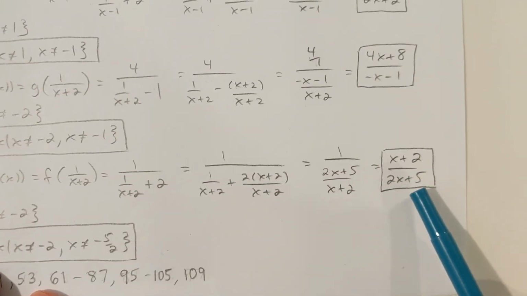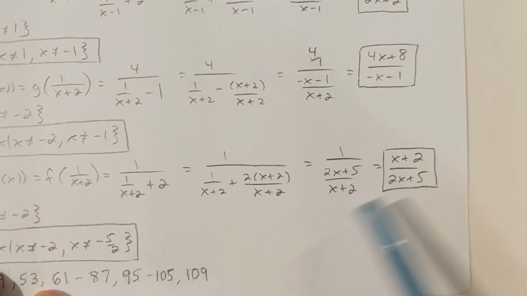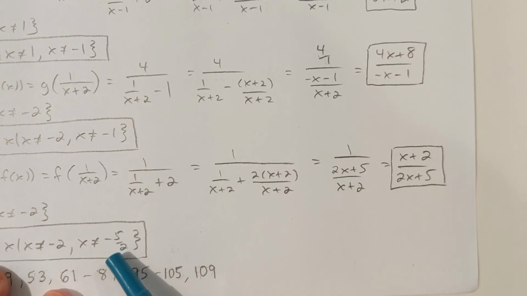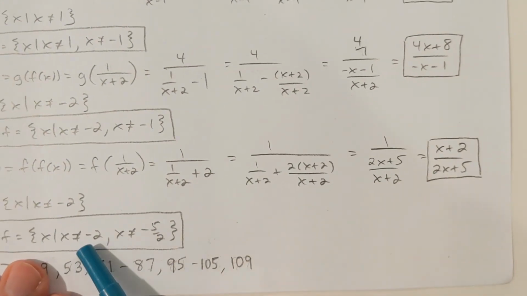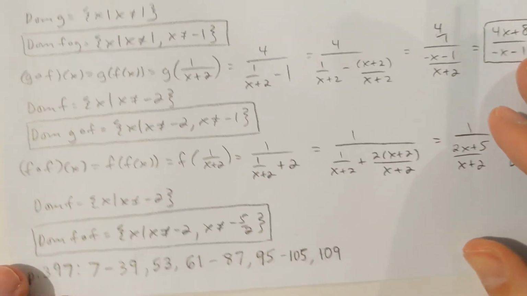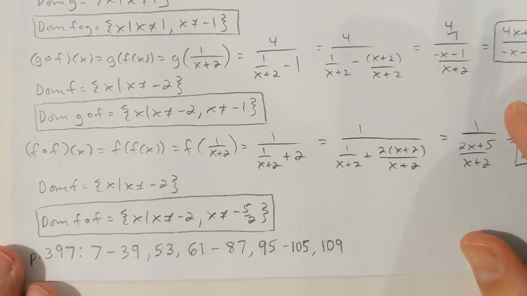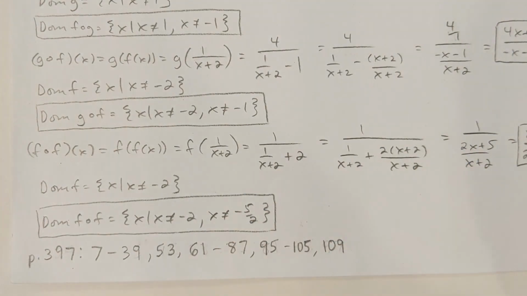And with what I have circled here, of course, I don't want to divide by 0, so if you were to take 2x plus 5 and set that equal to 0, x would be equal to negative 5 halves, and of course that's what I don't want, since I can't divide by 0. All in all, we should be throwing away negative 2 and negative 5 halves then. Okay, and I can certainly compute g composed g, that would mean plug g into itself, etc.